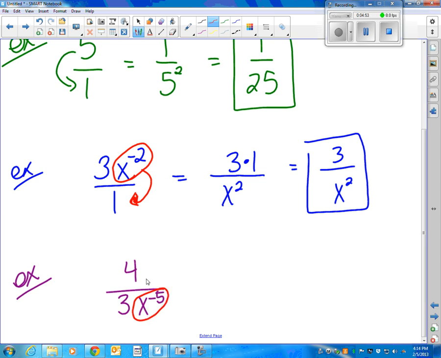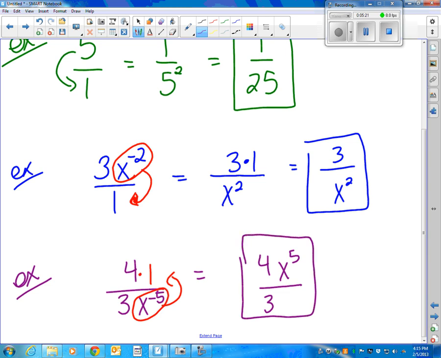So this is the same thing as x over 1. I'm going to take the reciprocal, move the 1 down and the x to the top. So I get 4, it doesn't move, x to the 5th over 3 times 1, which is just 3. And that is your final answer.